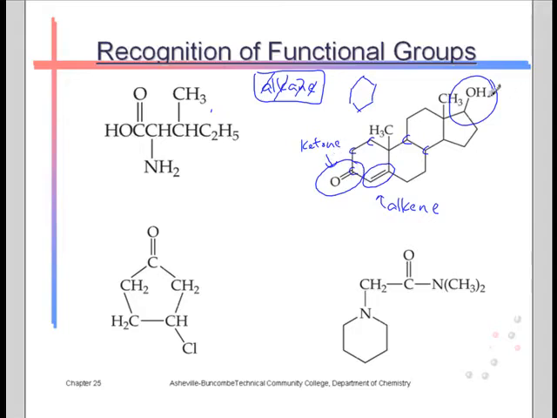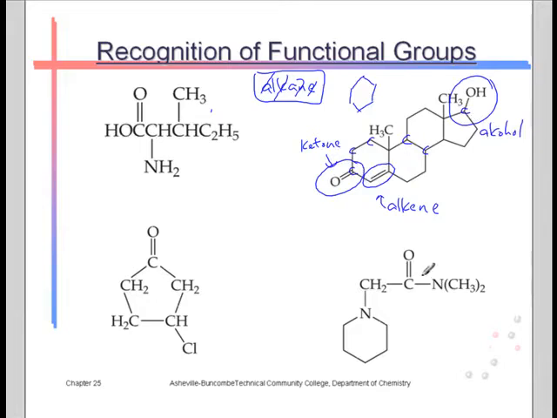Ketone here. Up here we have an OH group. It's attached to a carbon. Single bond all the way around here. This is an alcohol. This is a very common structural motif for steroids that you find in biochemistry.